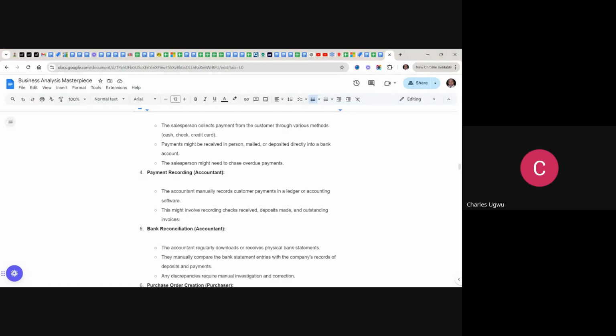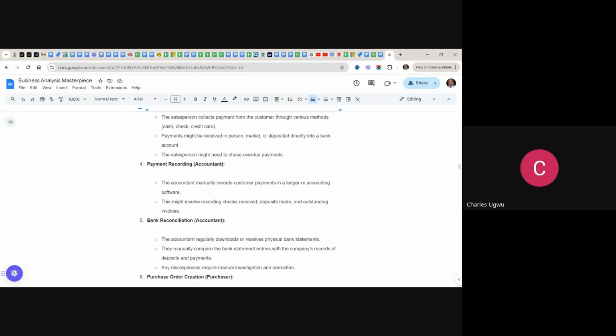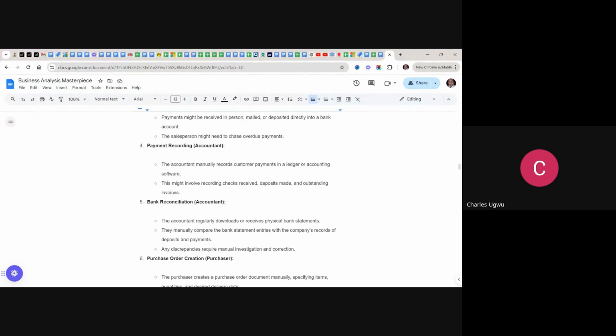After recording the receipts from the sales department, they need to verify that the payments within these invoices are real, that they are not fraud. They need to check what is in the invoice, which they recorded in their ledger, against what is in the bank. That is what we call bank reconciliation.